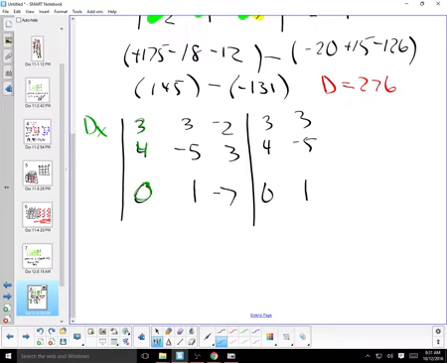Yeah? Highlighter. Whoops, wrong way. 1, 2, 3. Okay, something minus something. 3 times 5 times 7, so 15 times 7, 75? 105.